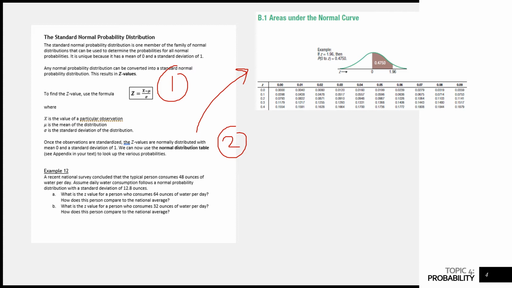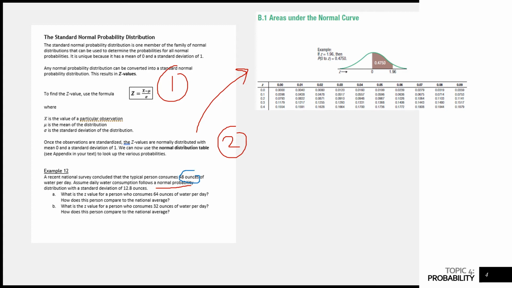First things first, you know that for this question, it follows the normal distribution. For every normal distribution, there are always two things: the mean and the standard deviation. They already told you in the question that the mean is 48. How do you know the mean is 48?